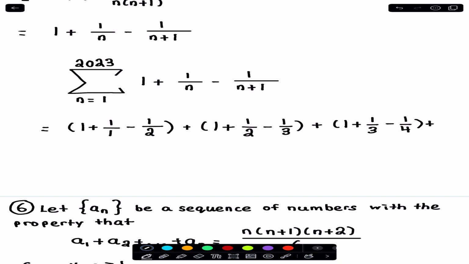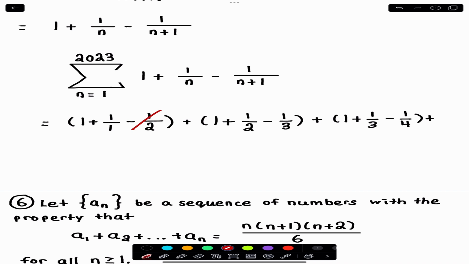So let's keep track of what's going on. This negative half is going to go away with this half. This negative 1 over 3 is going to go away with this 1 over 3. This negative 1 over 4 is going to go away with a 1 over 4 somewhere later, the next term down the line.